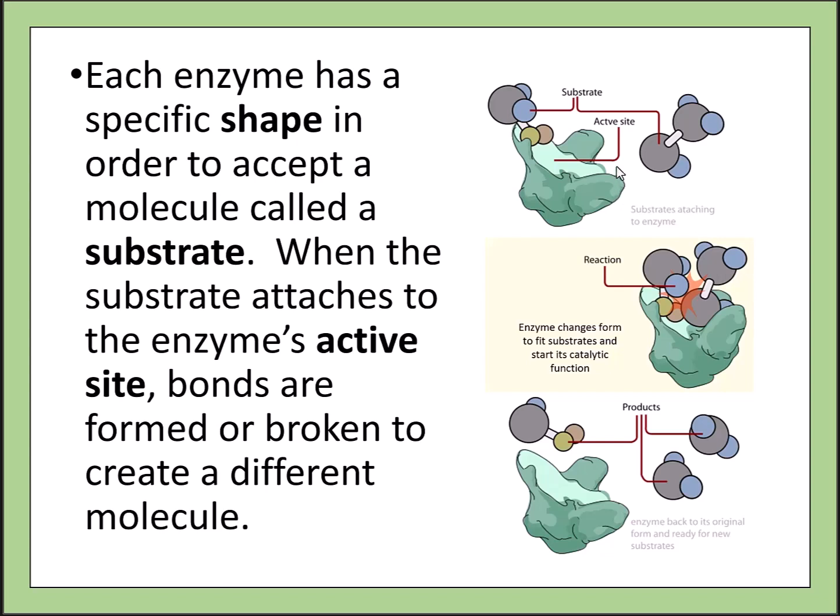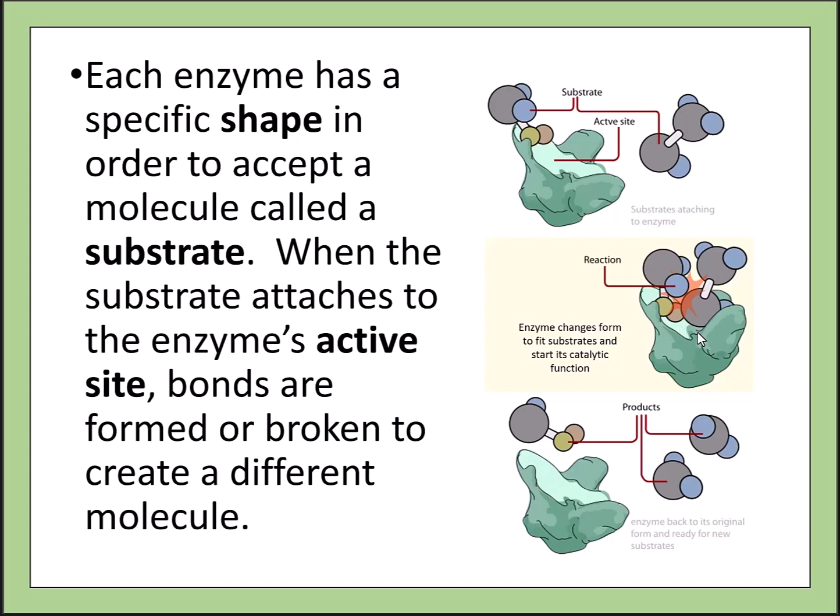It can accept a molecule called a substrate. So here's the substrate that's being attached to that enzyme, and it's attached to the enzyme's active site. I can see there's a little typo here. This is the active site of the enzyme. When that substrate is accepted by the enzyme, it fits into that active site.